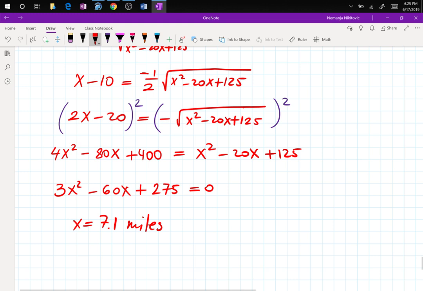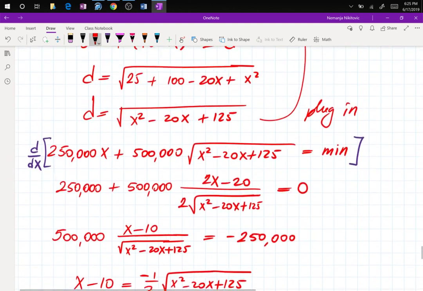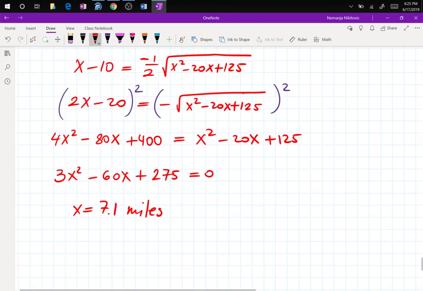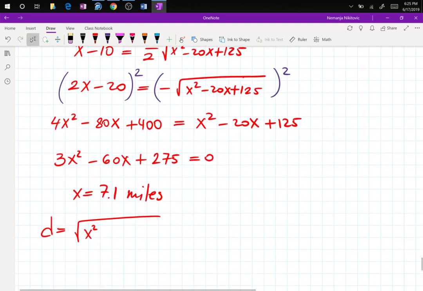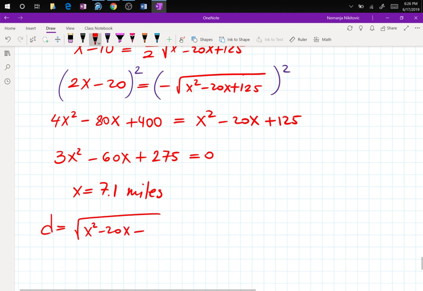Now, once I have 7.1 miles going up, I can use my d equation. d equals the square root of x squared minus 20x plus 125 to calculate d. That's going to be 7.1 squared minus 20 times 7.1 plus 125.